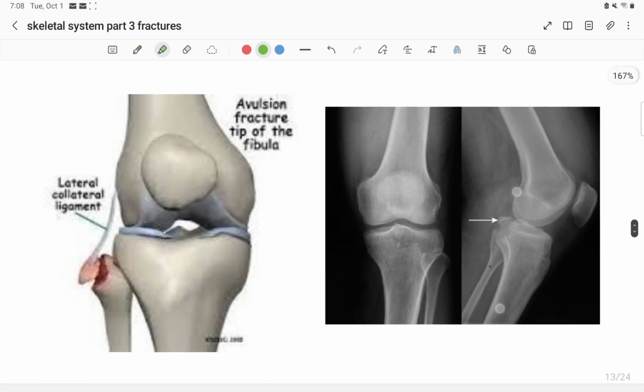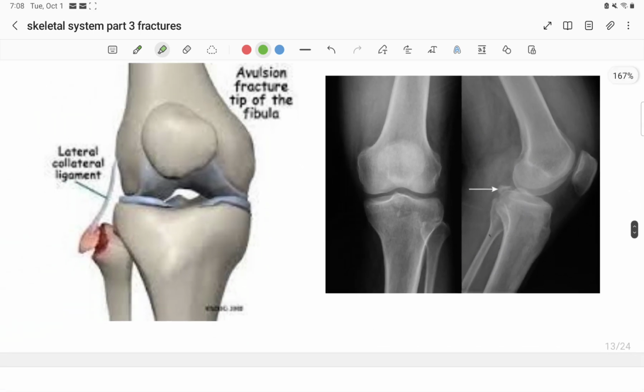Okay, here's another avulsion fracture. So this is the fibula bone. Okay, that makes this one the tibia. Okay, for slang, we like to say tib, fib. But for class and on the test and stuff like that, use the full word, so tibia and fibula.